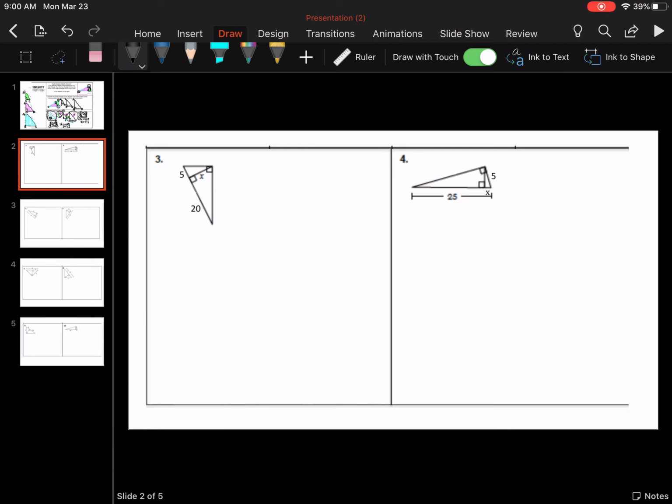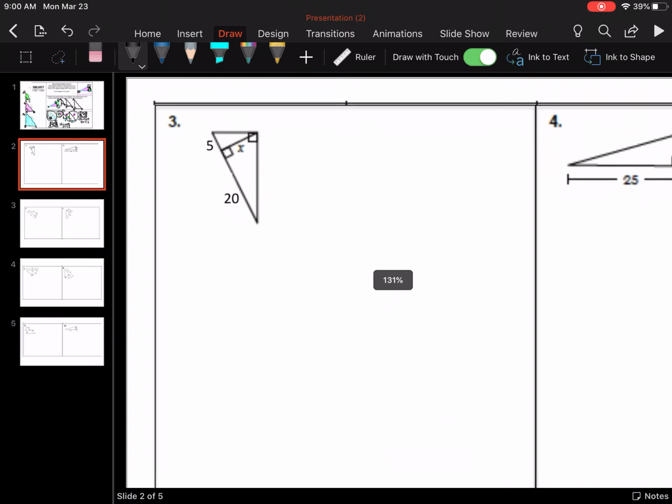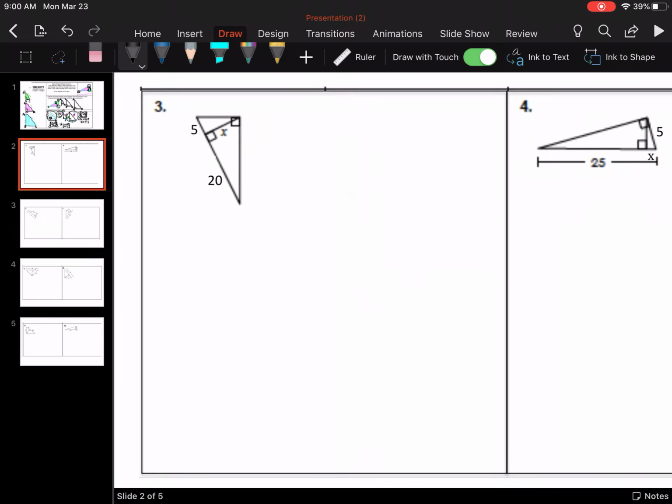All right, here we go. Make it bigger so my handwriting is not as bad. Okay, look for your triangles. So here's my little. Look for your right angle. The smallest side here is this 5, so I'm going to put that on the bottom. The height here is x, and the hypotenuse we don't know.